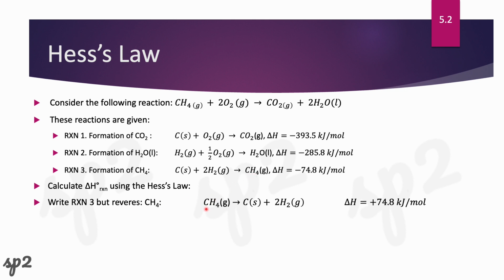So if you reverse the reaction, you need to take the negative of the delta H, right? So that should be a positive value here. Okay, so that's for the first step. The second step is I'm going to write my first reaction as it is because I need to have carbon on the reactant side and I need to have CO2 on the product side. So if you write it, you just need to write your delta H as it is.